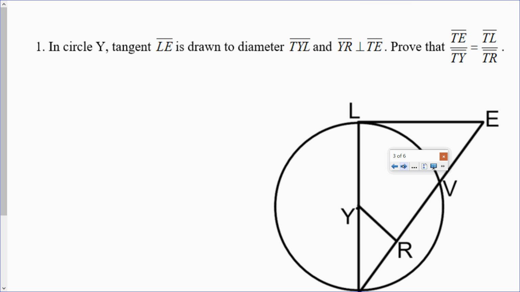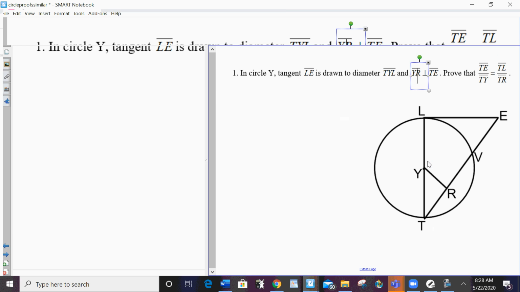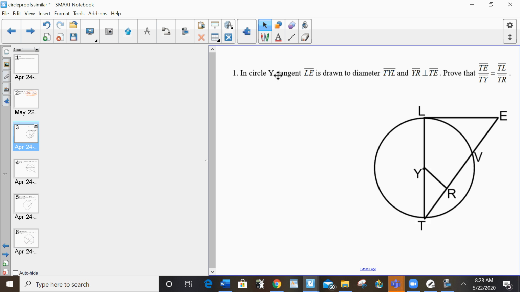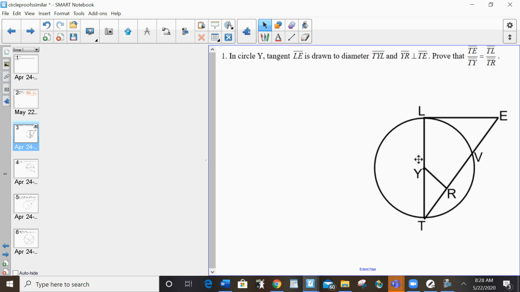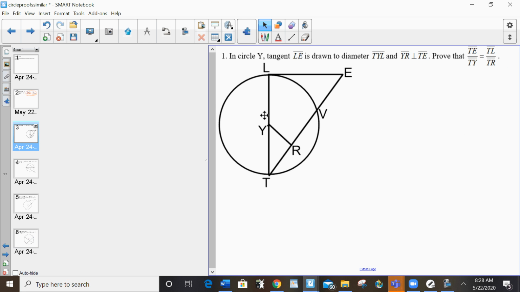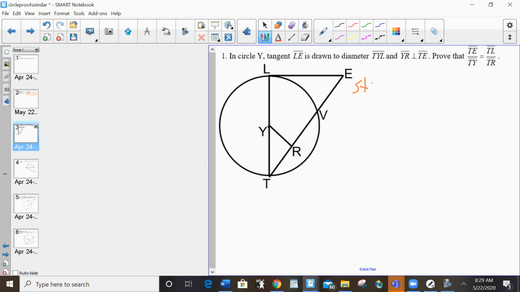So let's see if I can get this a little bit smaller so we can actually write. I know it's kind of hard for me to keep everything neat here, but I'll do my best. So we're being asked to prove a proportion. Let me try and type it this time. Let's just write out the statements and the reasons. Whenever I'm asked to prove a proportion or multiplication, I'm going to work backwards.